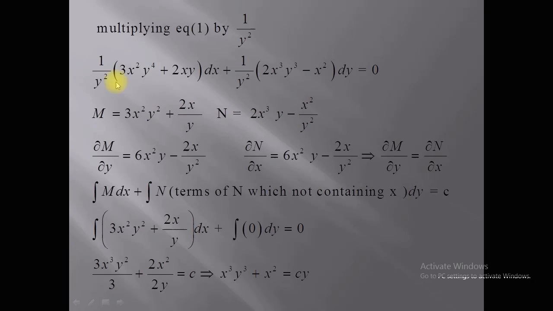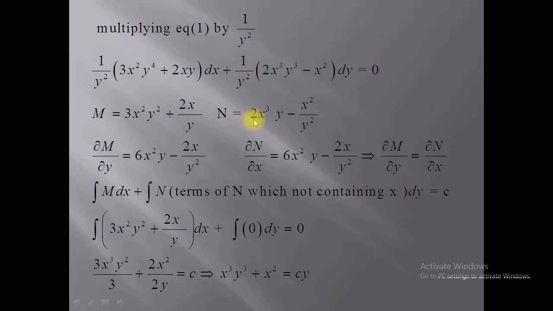So check whether this new differential equation is now exact or non-exact. Taking the partial derivative of M with respect to y and the partial derivative of N function with respect to x. The partial derivative of M with respect to y, 3x square treated as a constant, the derivative of y square using power rule, we get 6x square y, and the derivative of this term with respect to y is minus 2x divided by y square.